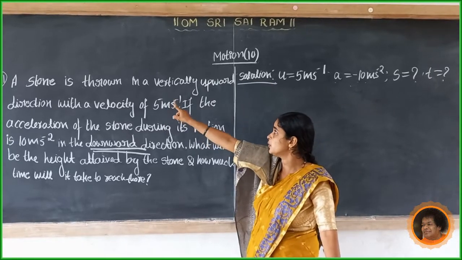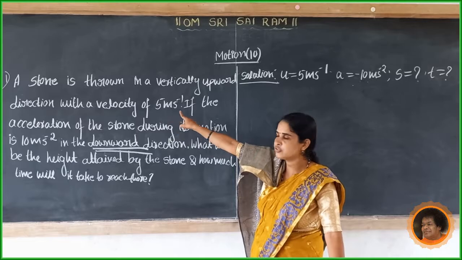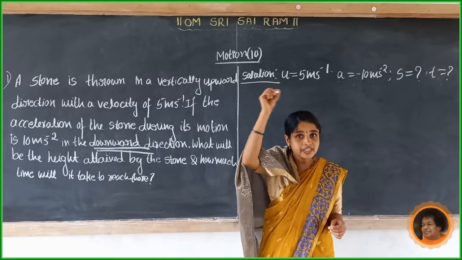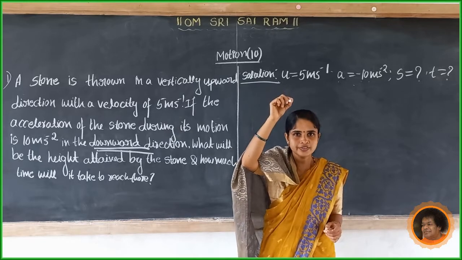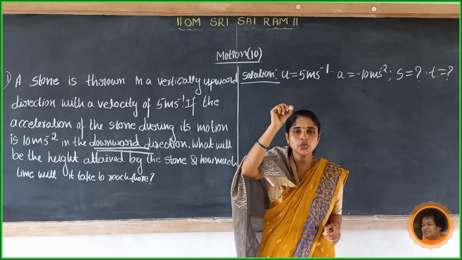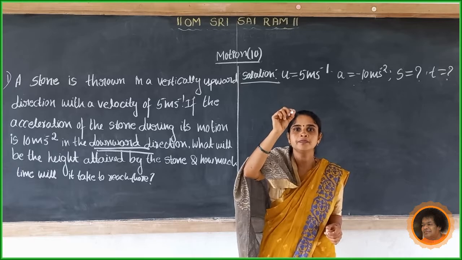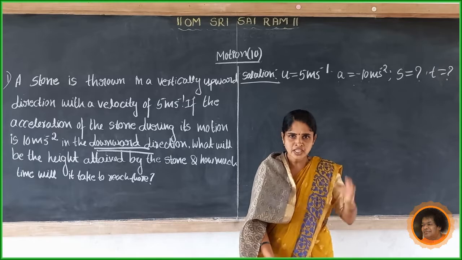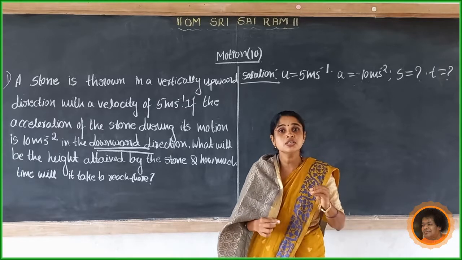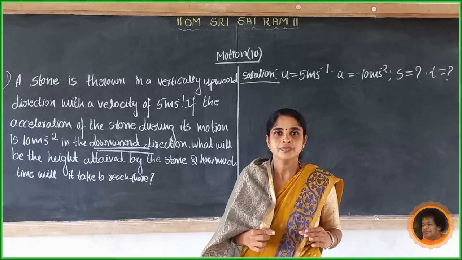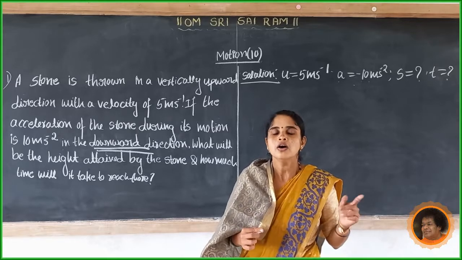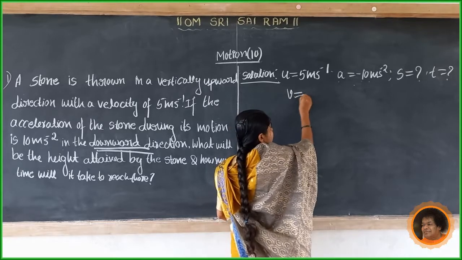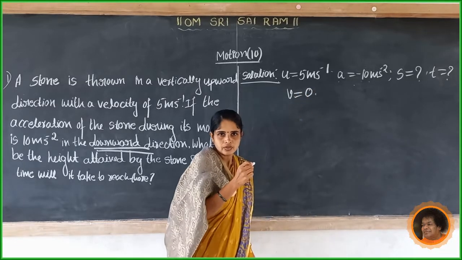A stone is thrown in a vertically upward direction with a velocity of 5 meters per second, and after some time the stone's final velocity becomes 0, then it falls. When the final velocity becomes 0, here the final velocity v equals 0.